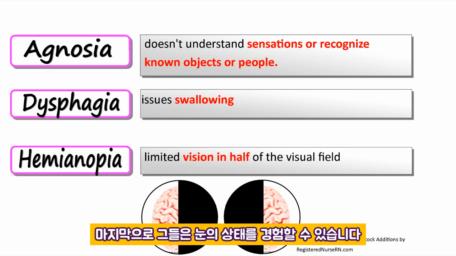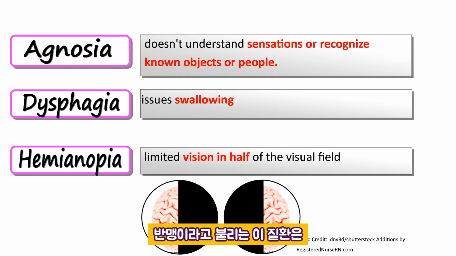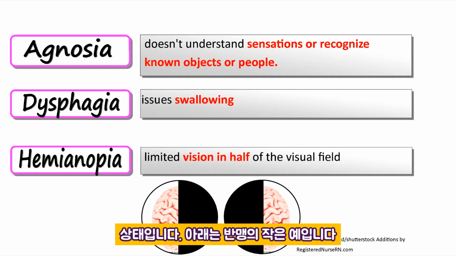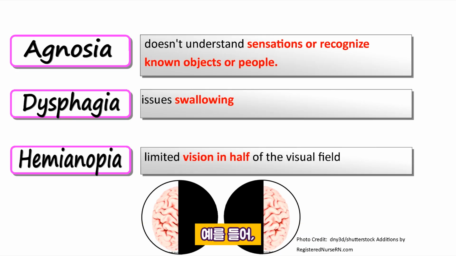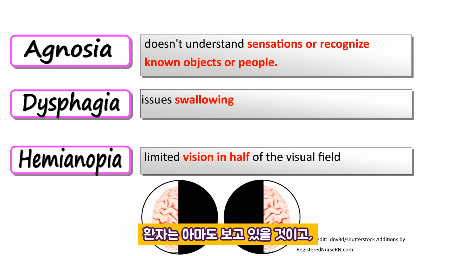And lastly, they can experience a condition of the eyes called hemianopia. And this is where they have limited vision in half of the visual field. And below this is a little example of hemianopia. And for instance, this is just a certain type. The patient maybe is looking and they only see in each eye half of the object that they're looking at.